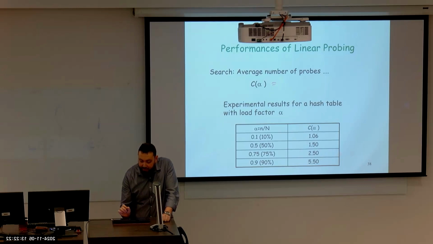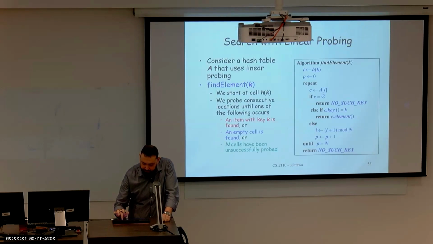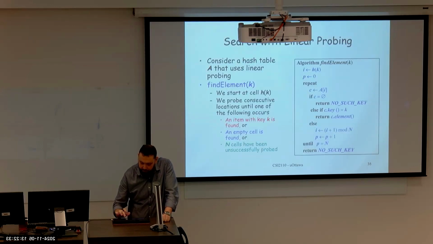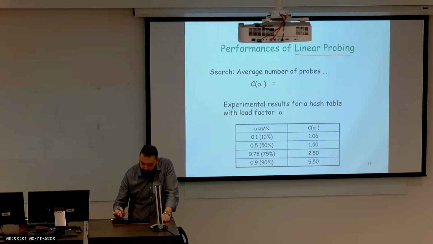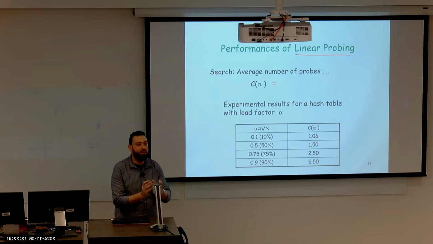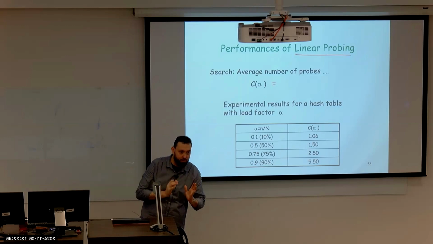So the idea here, guys, before we do that, let's go back one step. We said if I'm using linear probing, what do I mean by linear probing? I need to have a hash function to store my keys, correct?